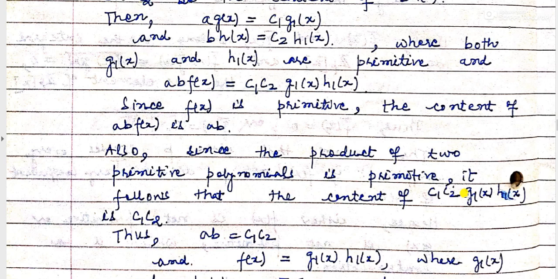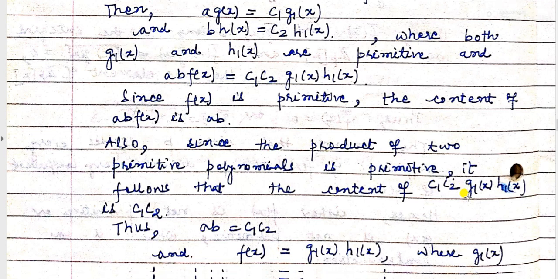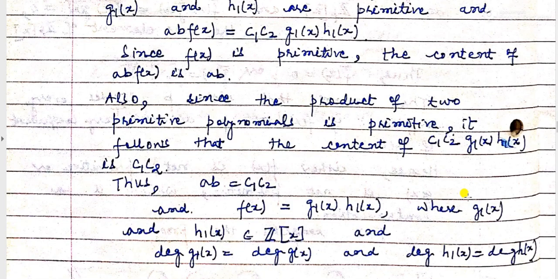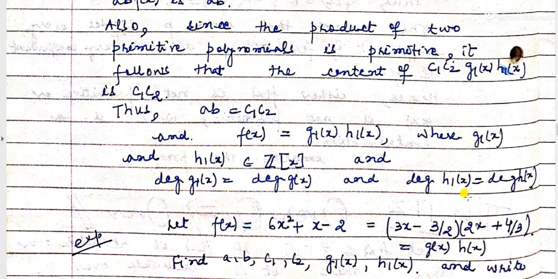So ab is equal to C1 C2, and in this way we get f(x) is equal to g1(x) h1(x), where g1(x) and h1(x) both are in Z[x], and degree g1(x) is equal to degree g(x), degree h1(x) equal to degree h(x). So we have reduced f(x) to a product of polynomials over Z[x].